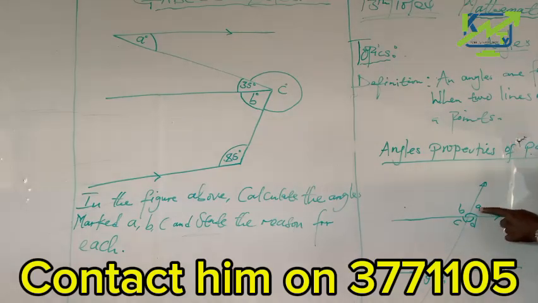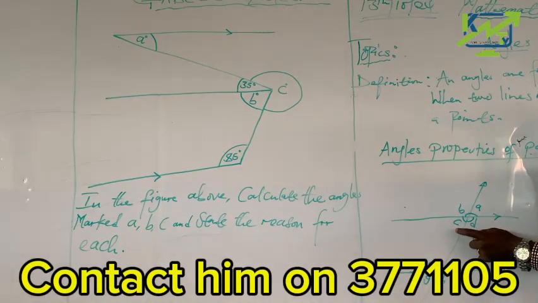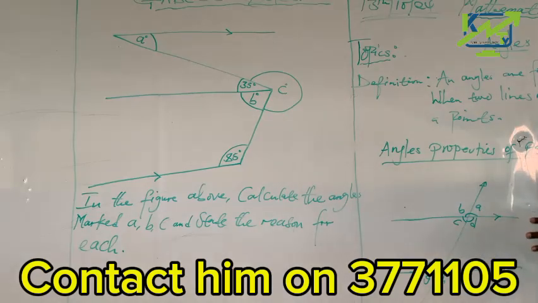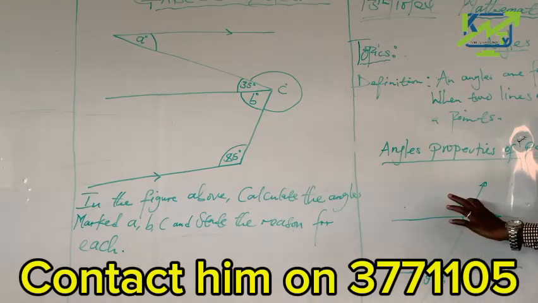A is opposite to C, because we have different types of angles. If A is 50, obviously C is 50. When two angles are facing each other, they are vertical opposite angles. Likewise, B and D are also vertical opposite angles.